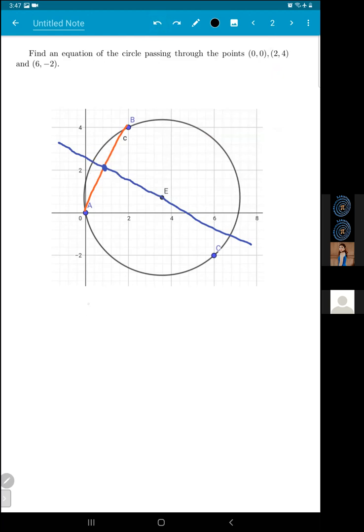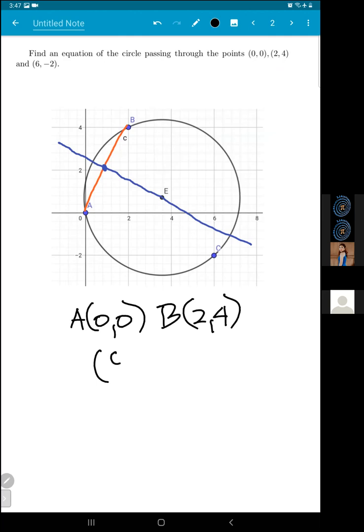Using the midpoint formula, A has coordinates 0, 0, B, 2, 4. So we add the x coordinates, divide by 2, add the y coordinates, divide by 2. So we get 1, 2 as the midpoint of AB.